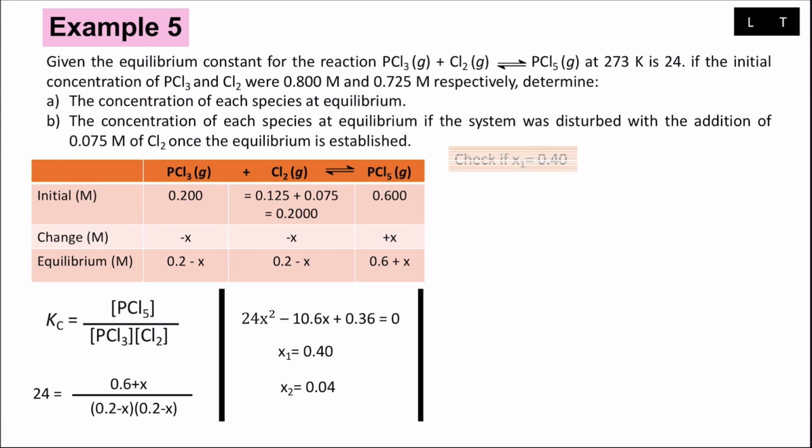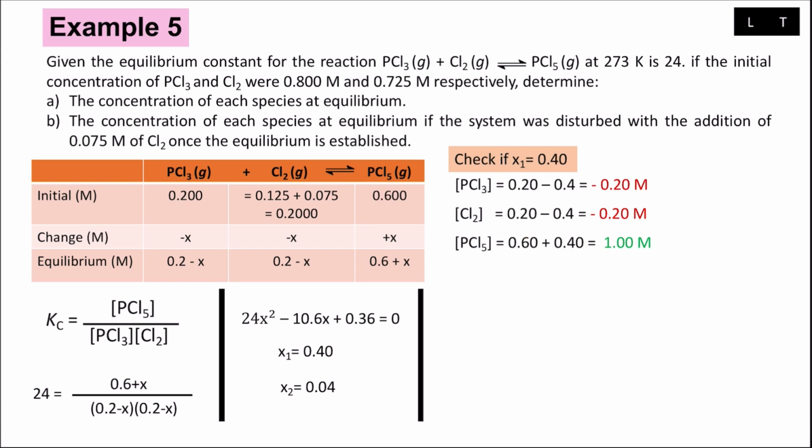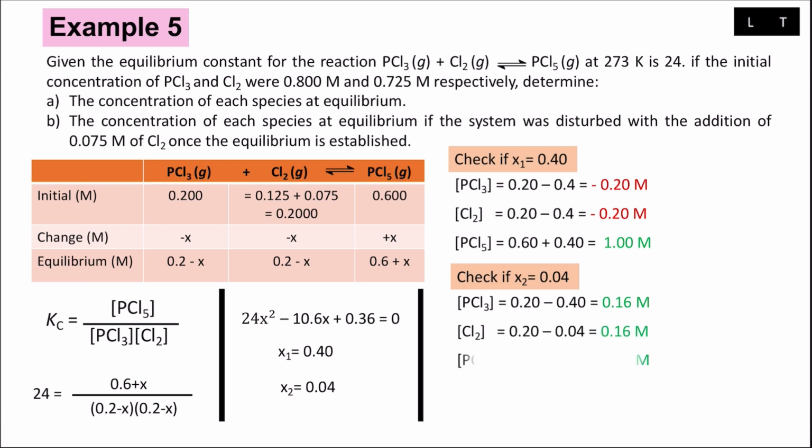So, I check first X1. So, saya ada concentration for PCl3, Cl2 dan PCl5. Seterusnya, saya check for X2, concentration for PCl3, Cl2 and PCl5. Kalau lihat dekat sini, untuk X1, saya ada dua concentration in negative value. So, chemically, dia tidak meaningful. So, we are going to reject this one.